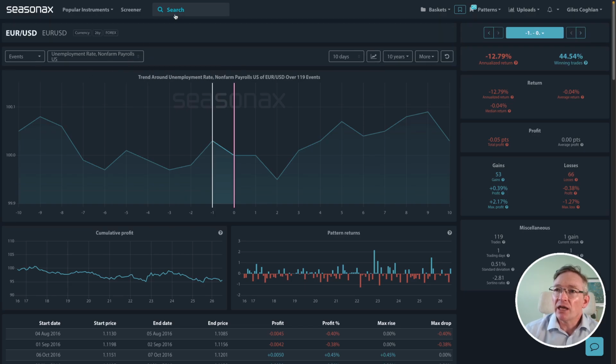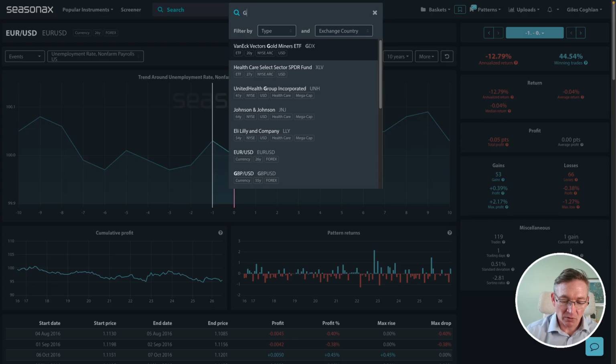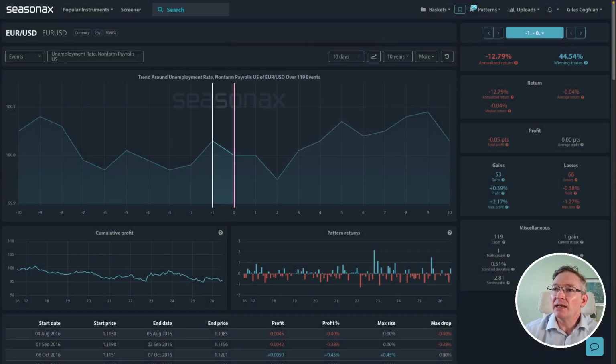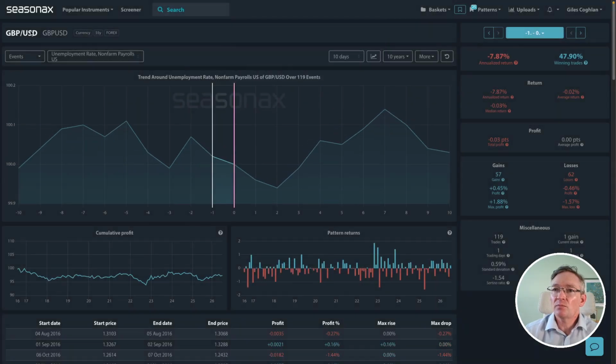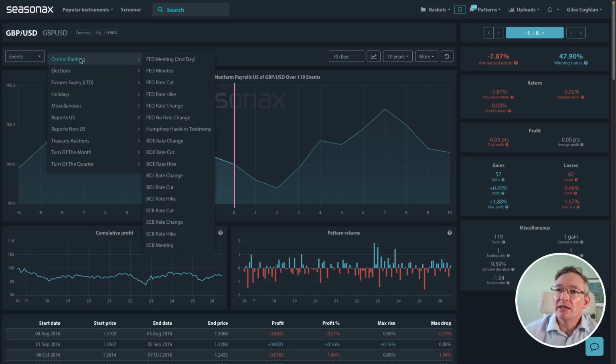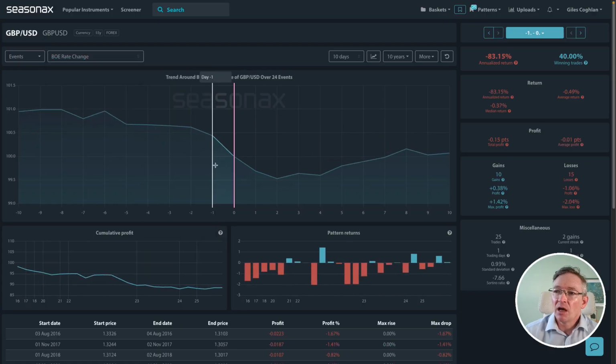So let's take a look at the pound, for instance. We'll look at the pound dollar pair over a central bank meeting. We're going to look at the Bank of England interest rate meeting when the Bank of England has a rate change. On the day of the decision, you get to see the average post-event move.